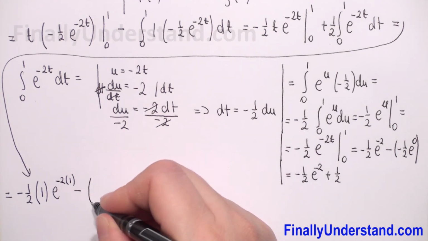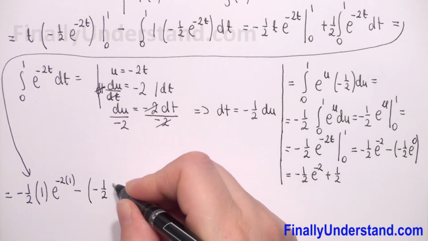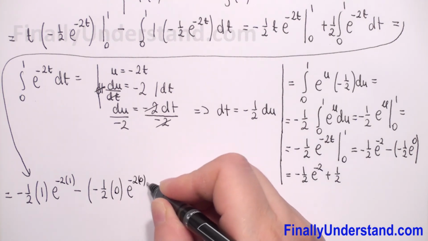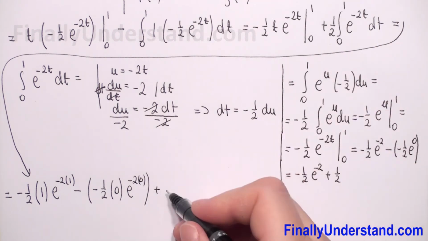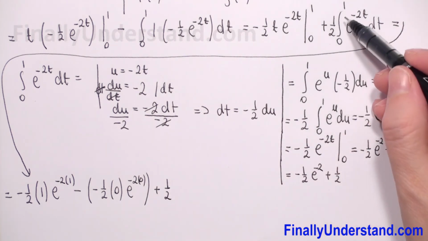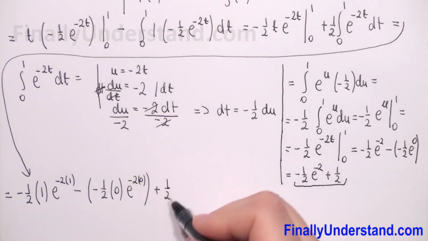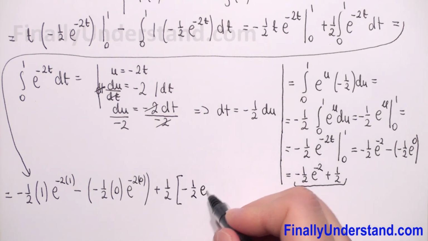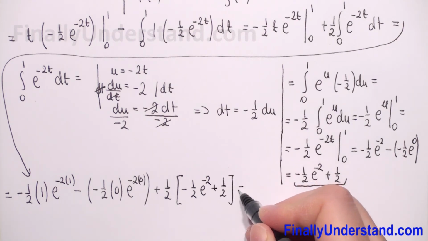I will put in parentheses because we have a negative sign before 1/2, times 0 times e to power negative 2 times 0, close parentheses, plus, and we have to copy 1/2. And now, instead of this whole integral, we have to just plug in this value. So I will put this in brackets. We have negative 1/2 e to power negative 2 plus 1/2.